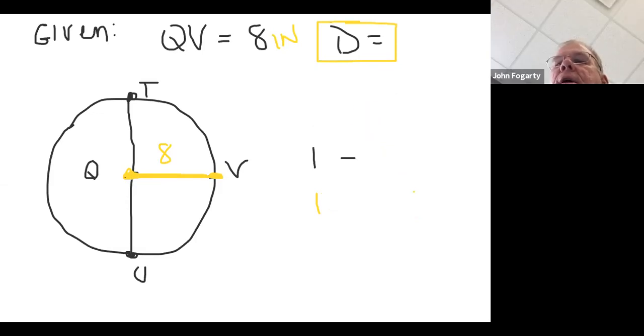All right. Well, let me tell you the same thing. QV is a radius, so that means it's 8. Now, what if instead of telling you QV, let me draw my picture again. Same picture. We're going to use the same picture.